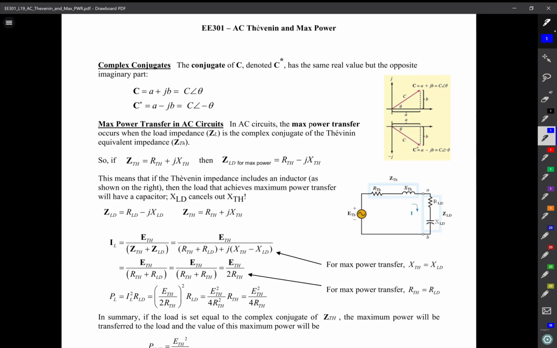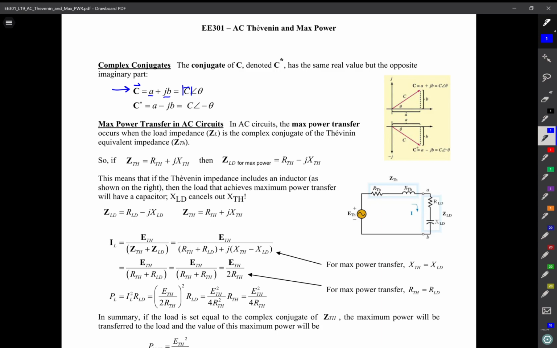But first, a review of complex numbers. Suppose I have a complex number C, and I'll put an arrow on top to indicate that it has magnitude and direction. It's a vector. And in rectangular coordinates, I have A plus jB. In the polar notation, I have the magnitude of that vector, C, with an angle of theta.